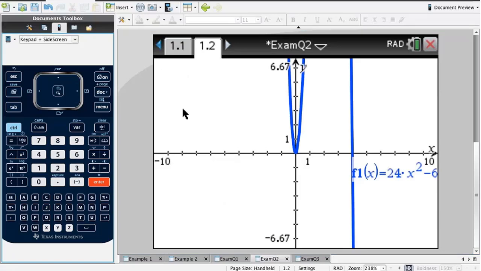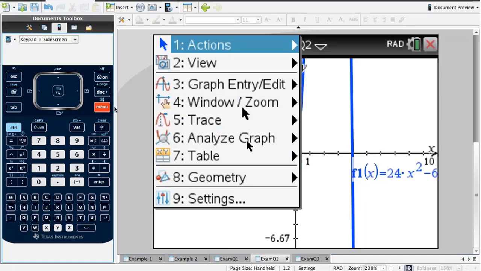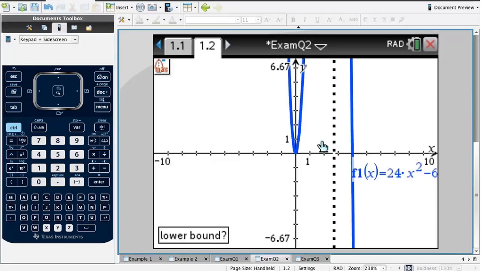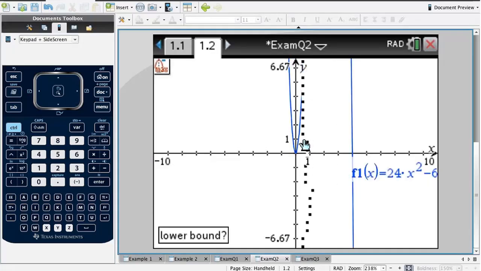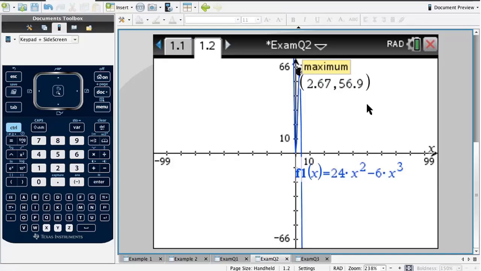Okay, so let's have a look. Now, obviously, x has to be positive because it's a length. So let's go analyze graph, maximum, somewhere from here to here, and there it is there. So the question was find the value of x for which V is a maximum.